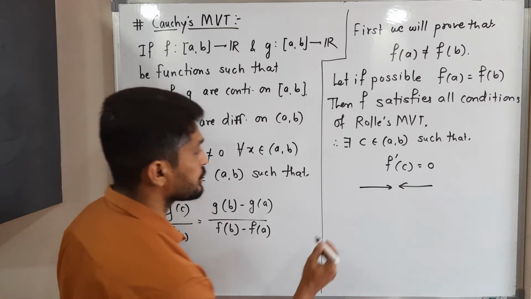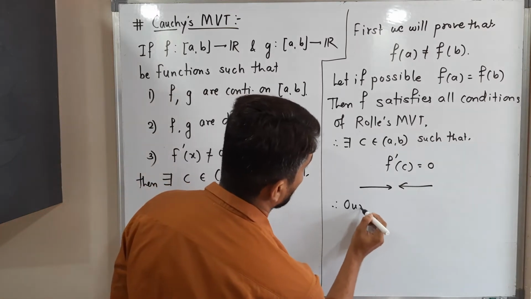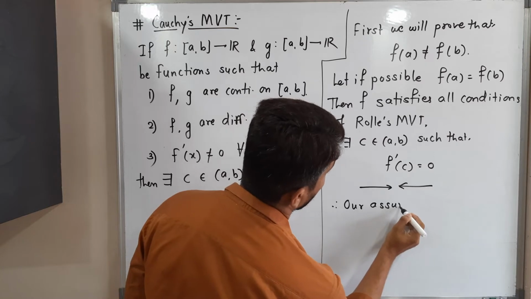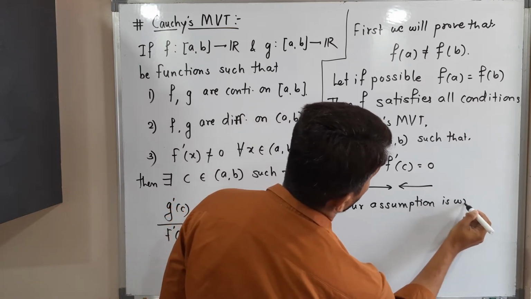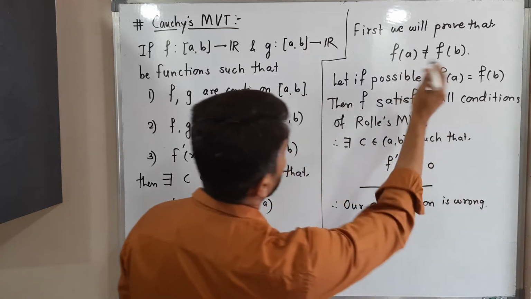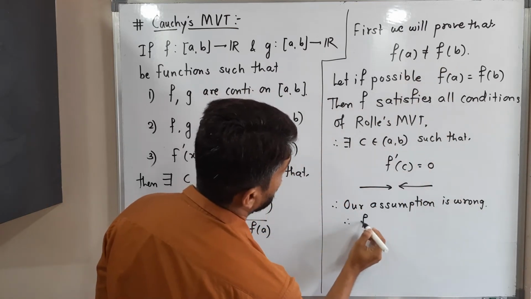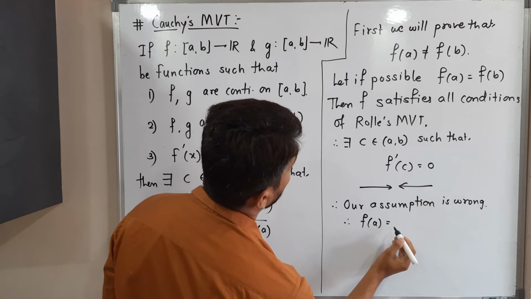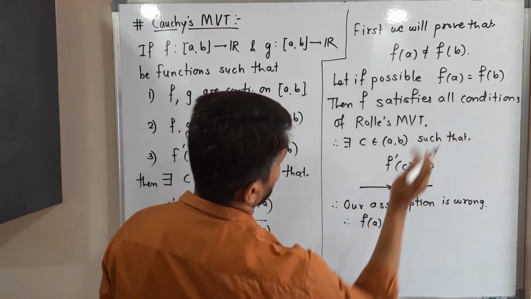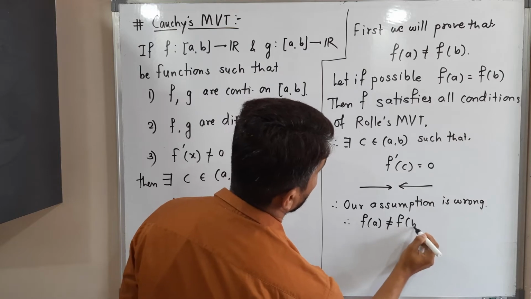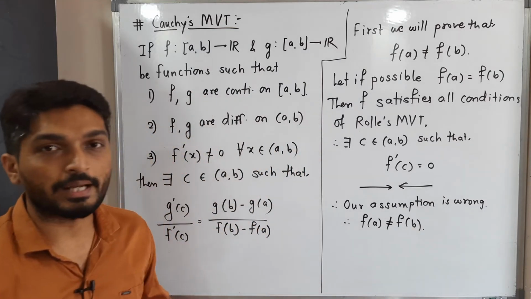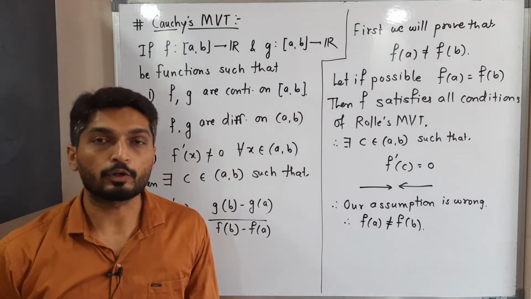Our assumption was f of a is equal to f of b, so that is wrong. Therefore, f of a is not equal to f of b. So initially we proved that f of a and f of b cannot be equal.